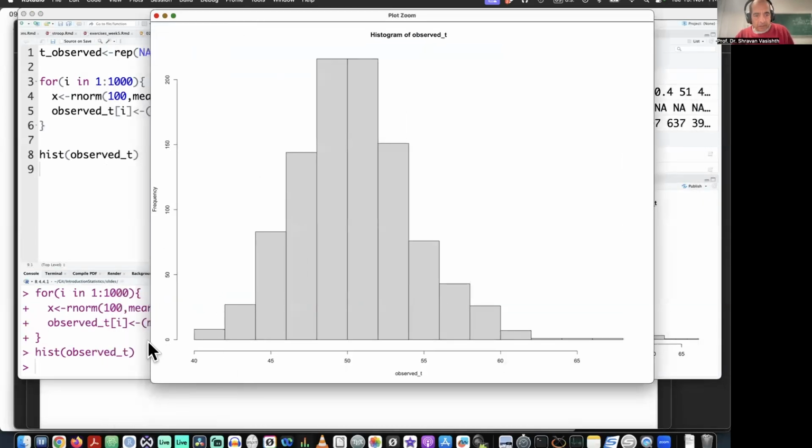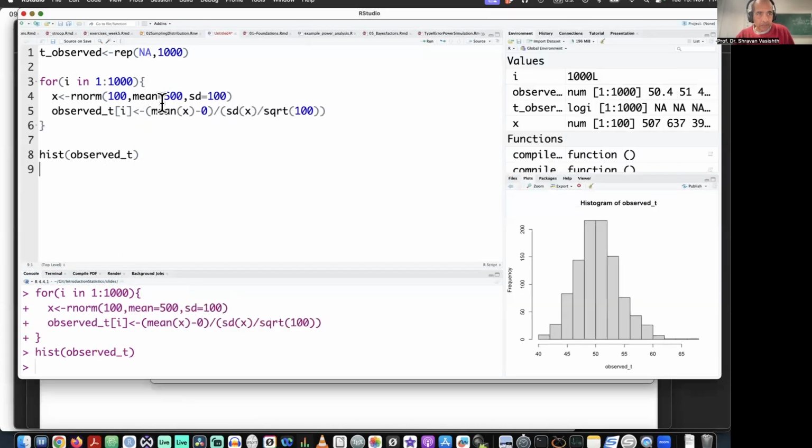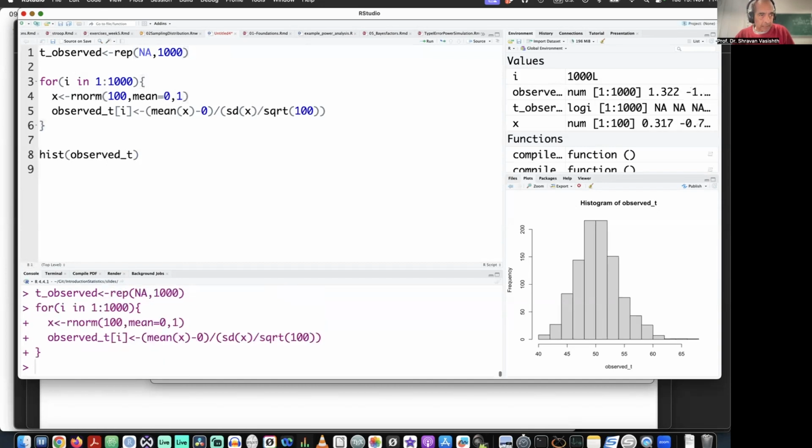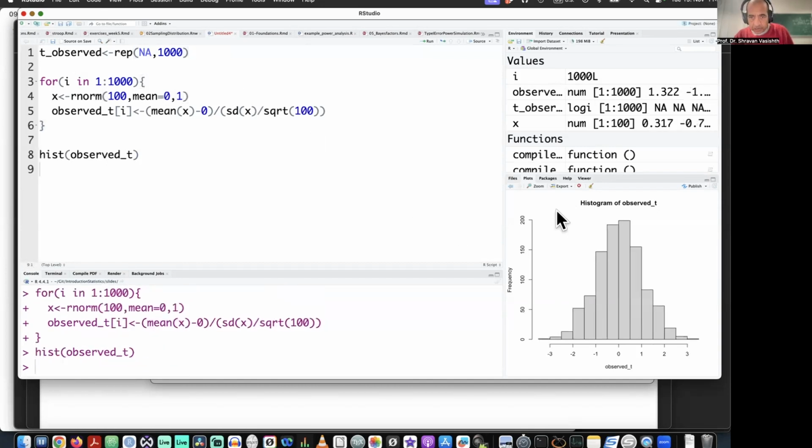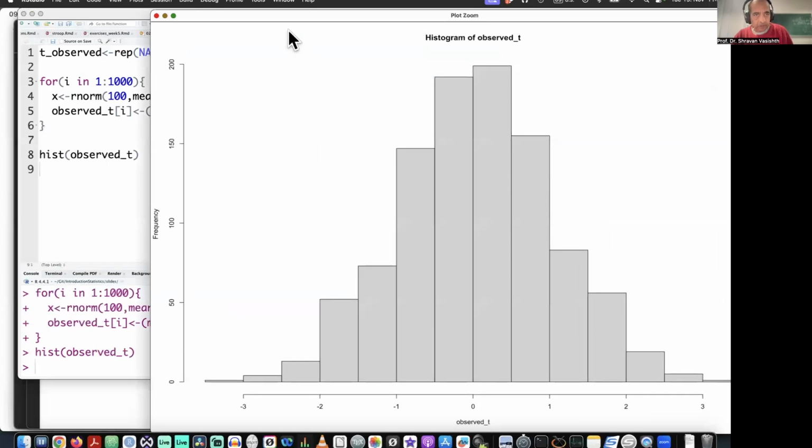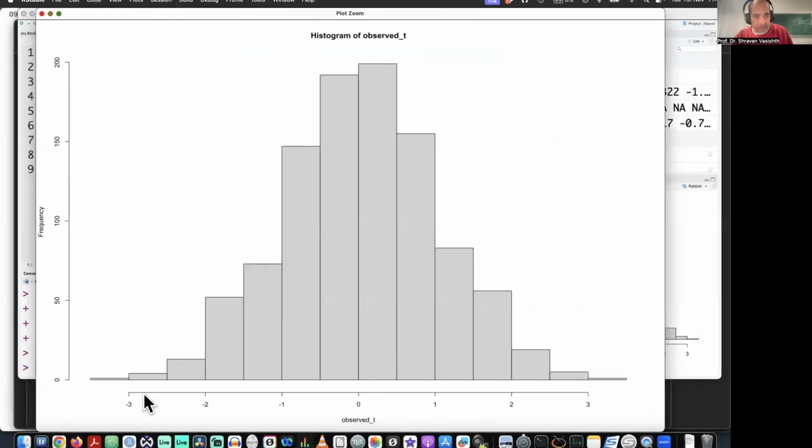the observed t-value has a particular distribution. So suppose I was sampling from a standard normal distribution. Let's just take this one for an example and plot this distribution here. This is the typical distribution that I'm talking about: the observed t-values under repeated sampling.